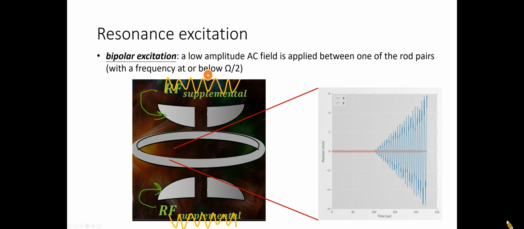Eventually, their secular frequency approaches the bipolar axis frequency, and the ions begin to resonate and move further from the trap center. Eventually, the ions have picked up enough energy to eject from the trap. If done appropriately, resonance ejection can enhance the instrument's mass resolution.